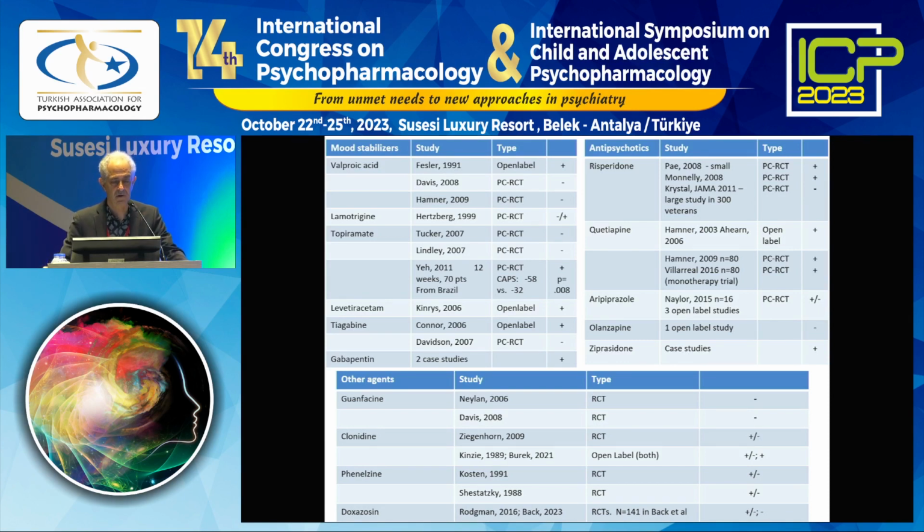Topiramate is another mood stabilizer. There have been 3 studies of it. 2 versus placebo, no difference. But then the most recent one, 12 years ago, from Brazil, on 70 patients, found a substantial difference from placebo on the CAPS score, a 58-point improvement on the topiramate versus 32 on the placebo, with a large statistical significance, p=.008.